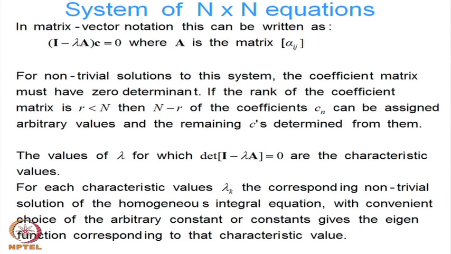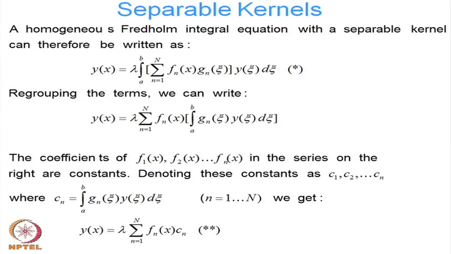How will they give us the eigenfunctions? Well, once we know the C's, we substitute those C's for that lambda and we get y. That y is the eigenfunction of the integral equation.